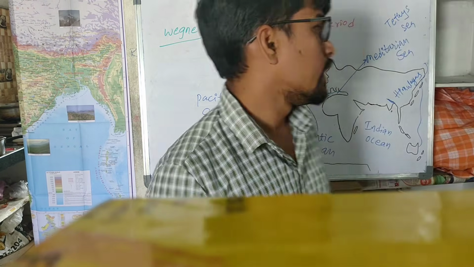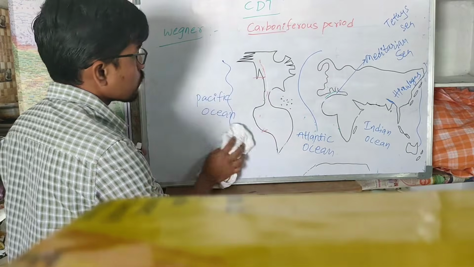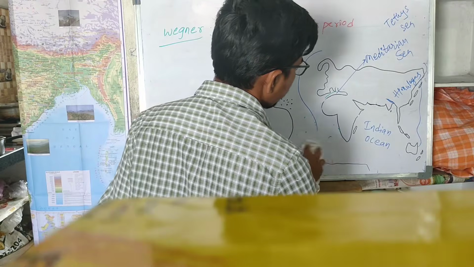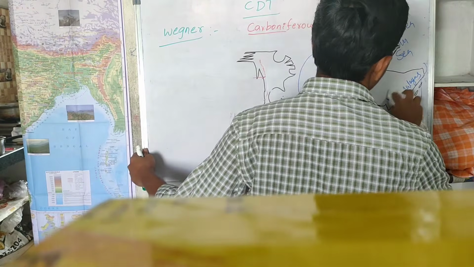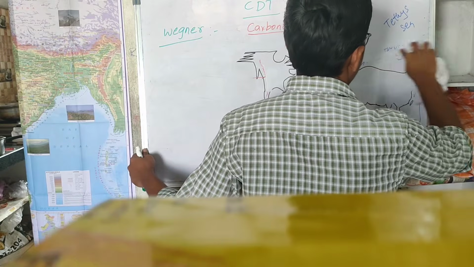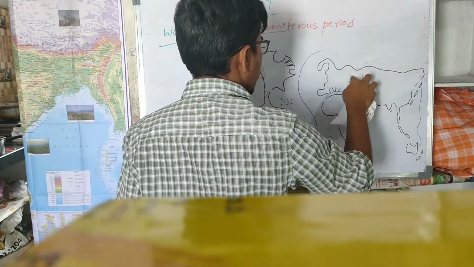The Tethys Sea is the first form of the Himalaya. So this is all about the continental drift theory by Wegener.